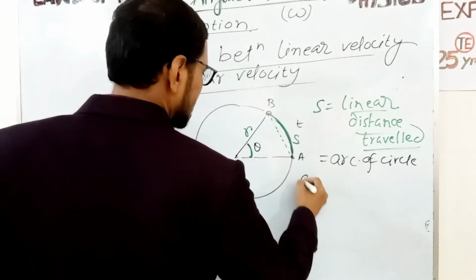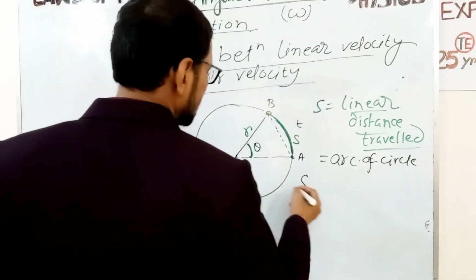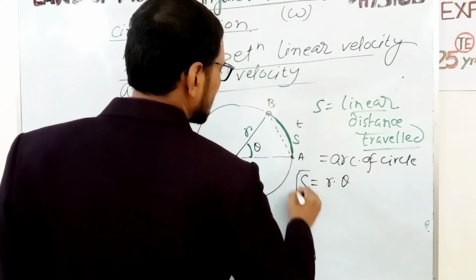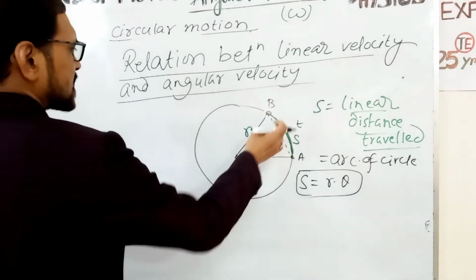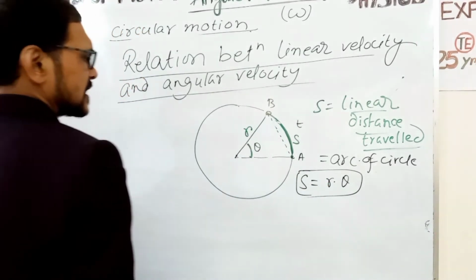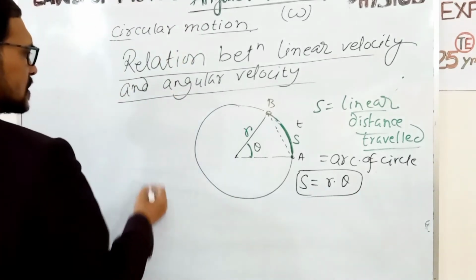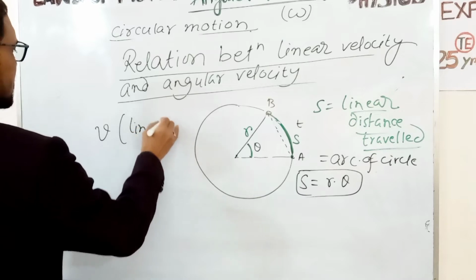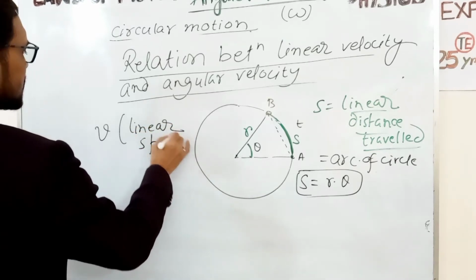We know from class 9 and class 10 mensuration that s equals r into theta. The arc of the circle is r, the radius of the circle, into the angle at the center. So s equals r theta. Now v is called linear speed, not linear velocity.